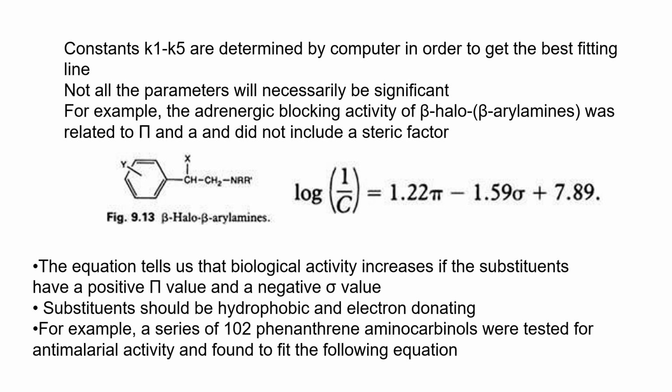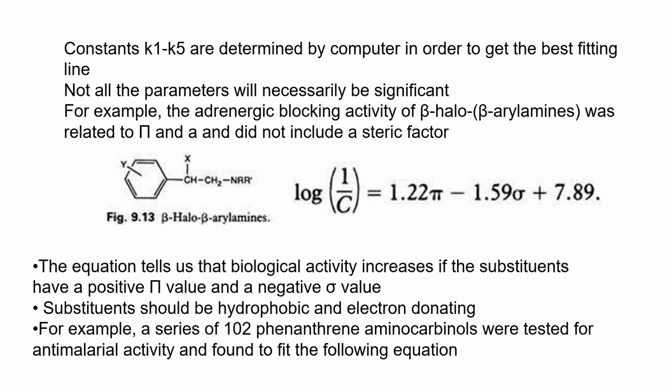For example, we are going to consider a series of 102 phenanthrene aminocarbinols, which were tested for the beta haloarylamines. In that class, these aminocarbinols were tested for their anti-malarial activities.